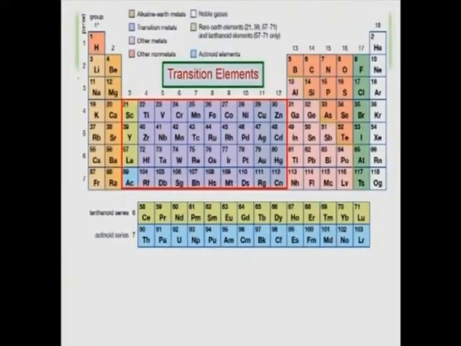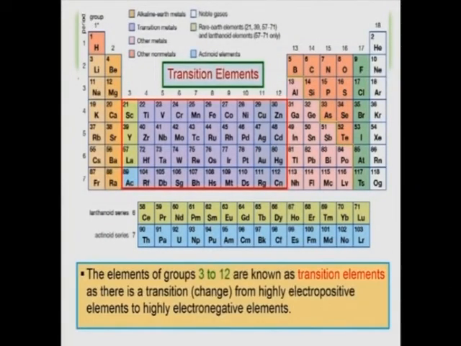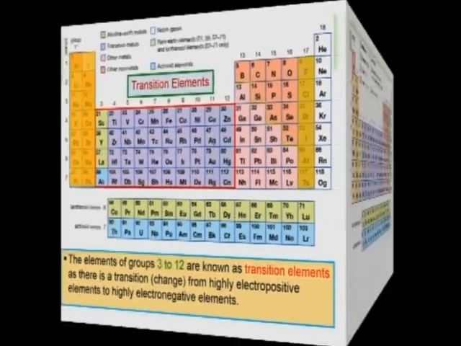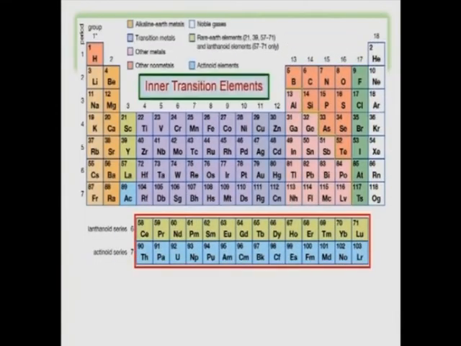In a periodic table, the middle portion is called the transition elements. Why we call this middle portion transition elements is because there is a shift, a change from highly electropositive to highly electronegative elements. That's the reason why we call it transition elements.